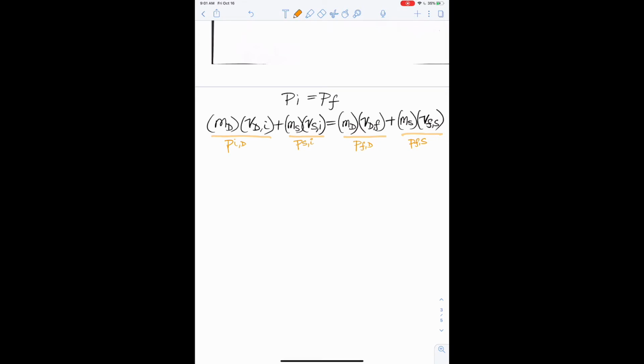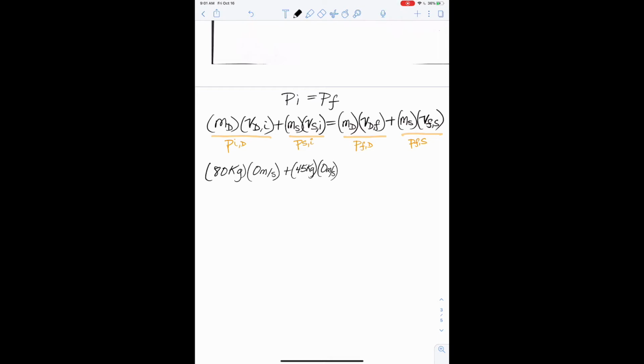I'm going to go ahead and plug in all the numbers in black that I know. The mass of David, we said, was 80. The velocity of David initial is 0. The mass of Sandra is 45. The velocity of Sandra initial is 0.